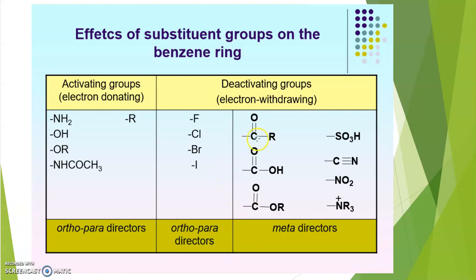So this one you have carboxylic acid, ester. This one acylation. So sulfonic acid, cyanate, NO2 plus NR3. So this one so semua akan hasilkan meta director. So bila nak buat soalan ni yang berkaitan effect of substituent group on the benzene ring, you need to refer to this table. That's very easy actually.